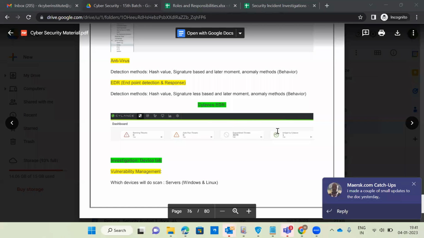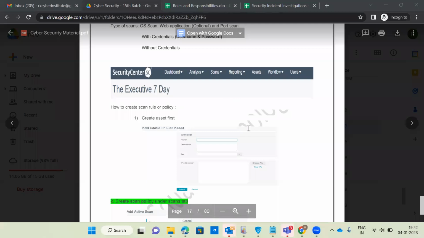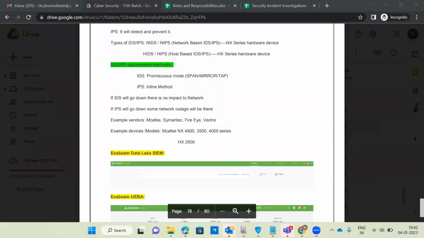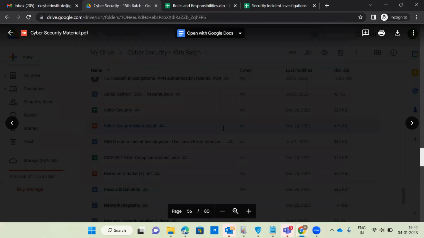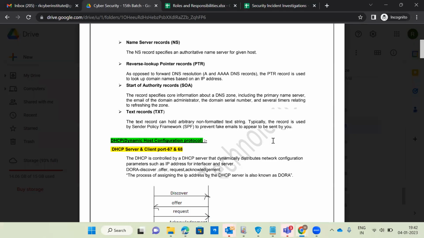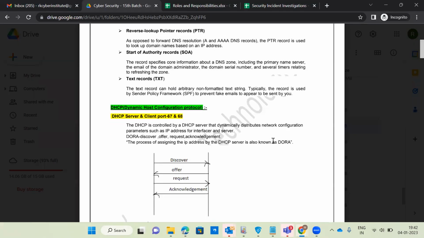And this is the Nessus tool, how to create a Nessus scanning rule. And this is the Exabeam tool. Please don't go through all this material. Whatever important things are there, you can match with what I taught in the Excel sheet and this document. That is more than sufficient.